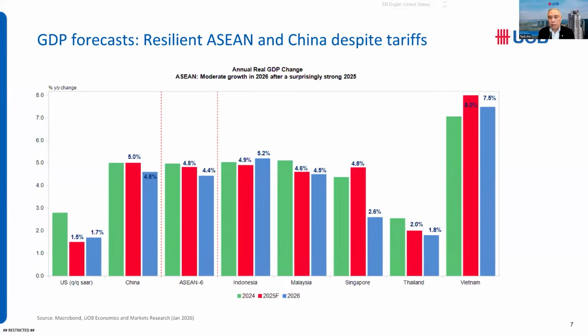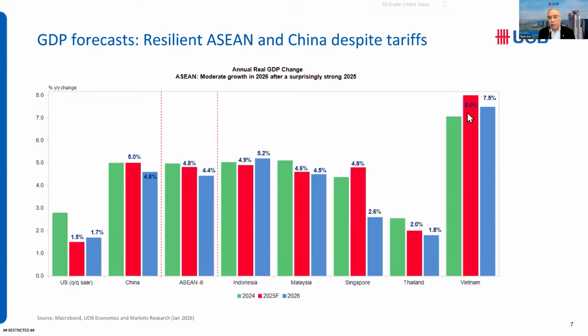For the big picture, last year China was able to meet its target despite tariffs, and Singapore, take a look at Singapore, did even better compared to 2024, right? 4.8% in 2025. So we expanded very quickly last year, much better than 2024, on the back of strong exports that we have been seeing for most of these countries here.